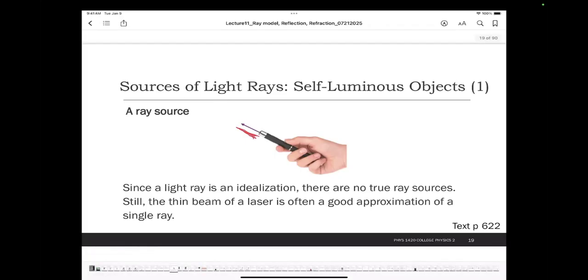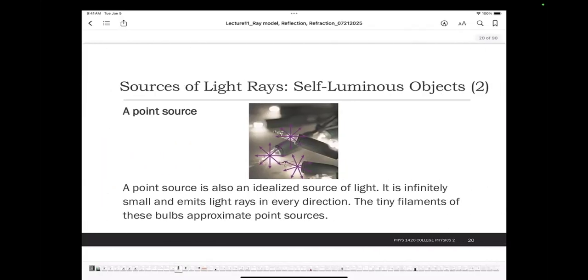After we talk about a ray source, let's talk about a point source. A point source is also an idealized source of light. It is infinitely small and emits light rays in every direction. This source is very small and emits light rays in every direction.